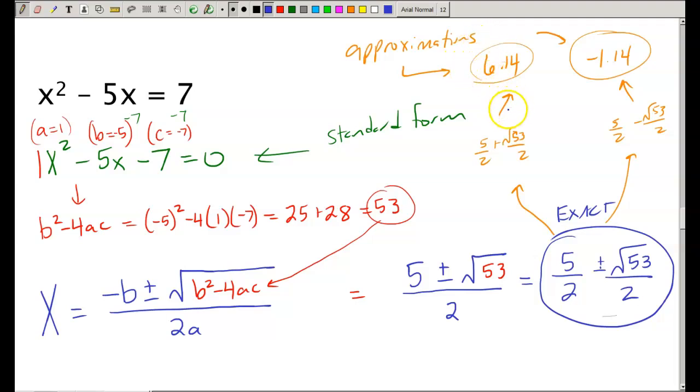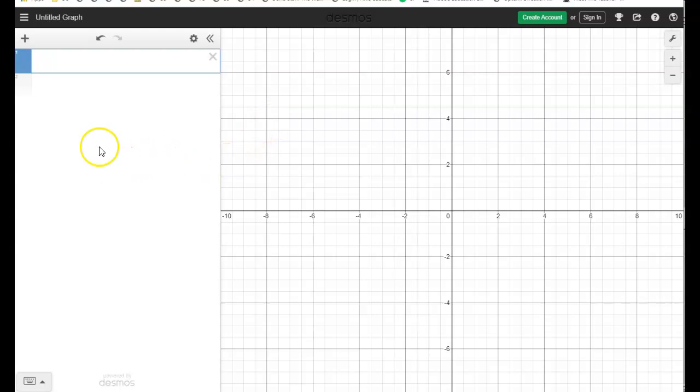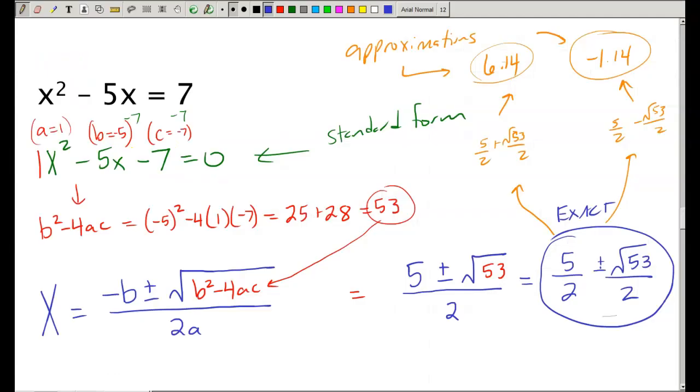Okay. Now, just to show you how this connects to the graph, I'm going to pull up Desmos. So here's Desmos. Now, if I were to go back and graph this, so if I look back at my problem and I look back at my standard form right here, I have x squared minus 5x minus 7 equals 0. Here's how you can make a connection with the graph.